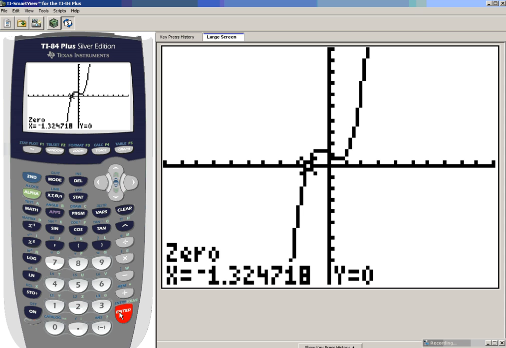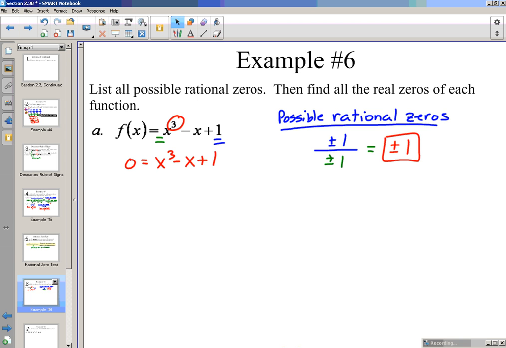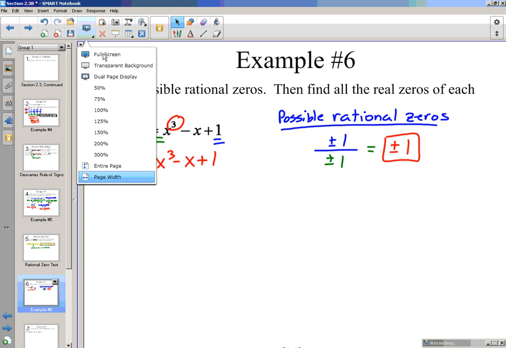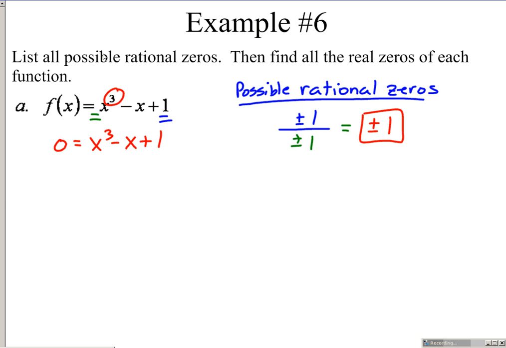And we know that that has to be irrational because our list of the only rational zeros was 1 and negative 1, which tells us that what we just calculated there is going to be irrational, which means our only real solution to this equation is negative 1.325 if we round to 3 decimal positions.